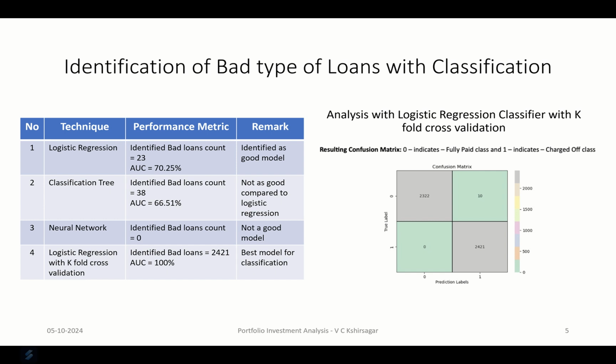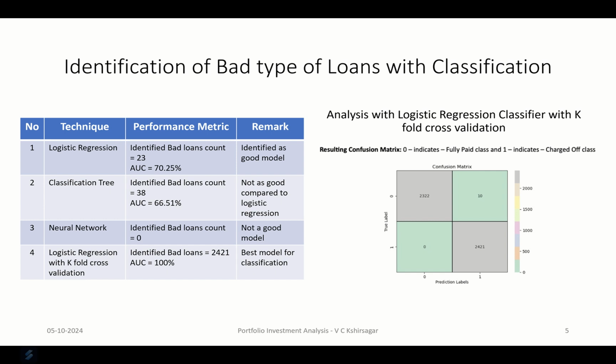We compared four different classification methods, and we found that the logistic regression classifier with k-fold cross-validation technique identified the maximum number of default borrowers, or what we call bad loan types.